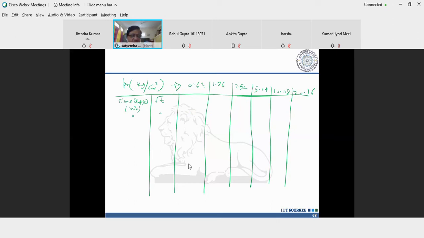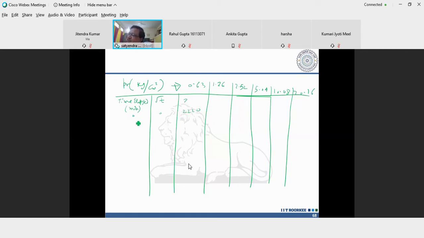When the sample is started, you set up the dial gauge. I told you there are 2 dial gauges. One gives you the load, how much load is applied onto the soil sample, and the other dial gauge gives you the deformation. Let us say the initial reading of this dial gauge is at 0 time.